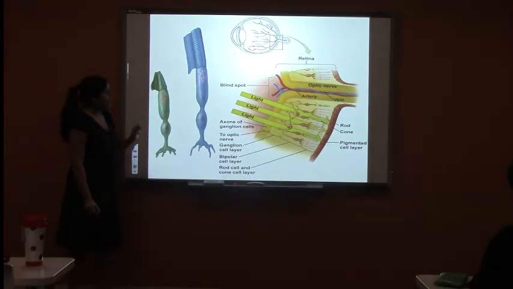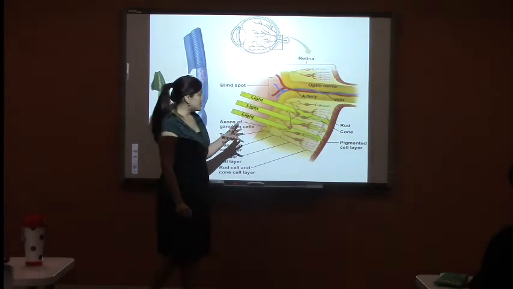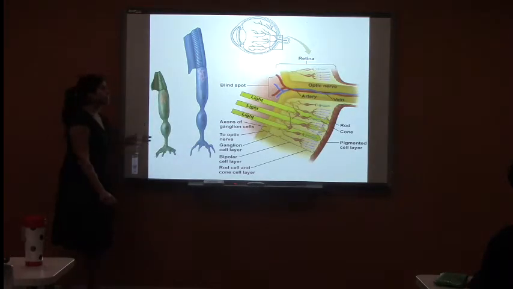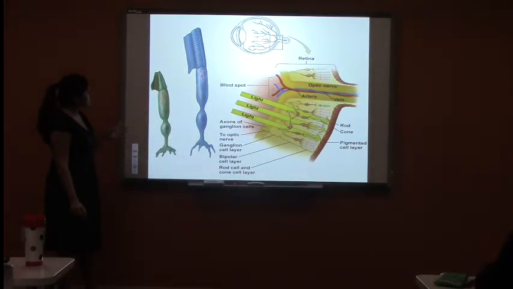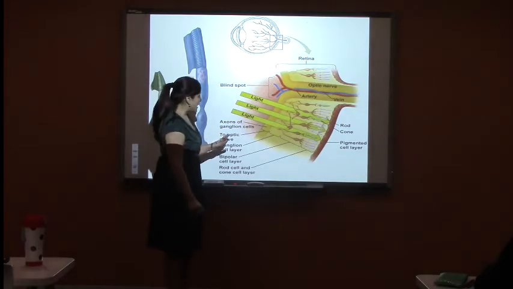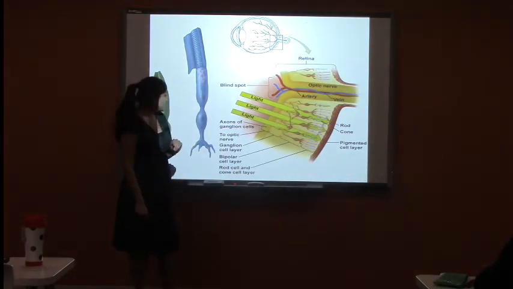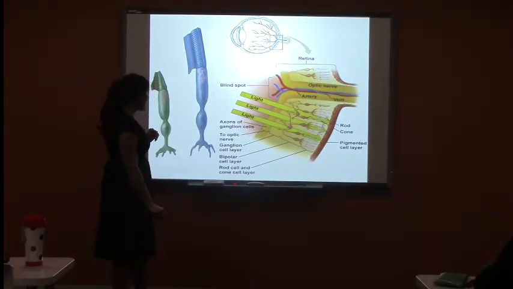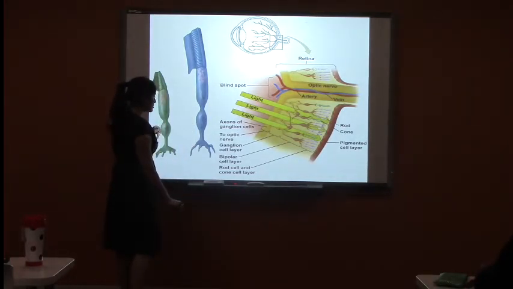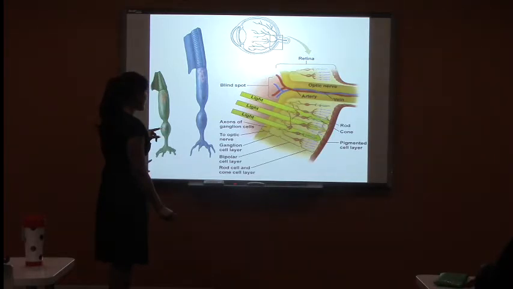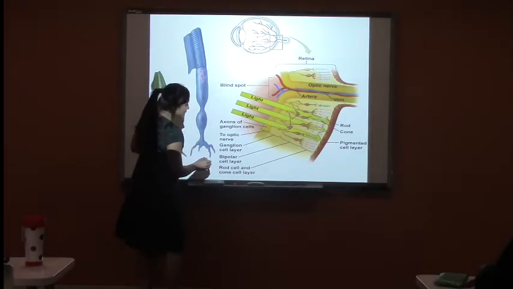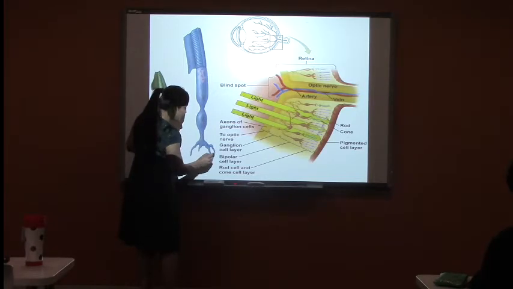Okay. Now, I think this is the last slide. The retina actually has 4 different layers. So one is the ganglion cell layer. That's the first layer.